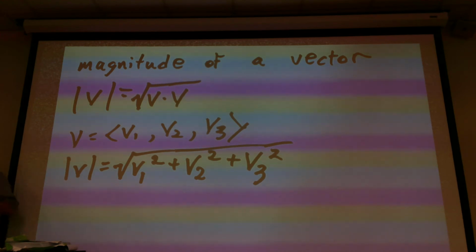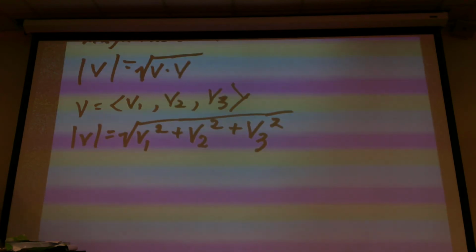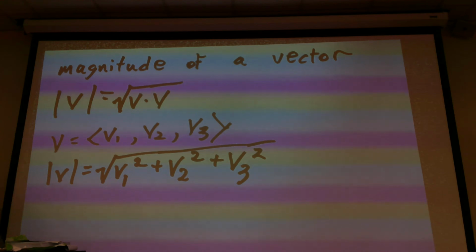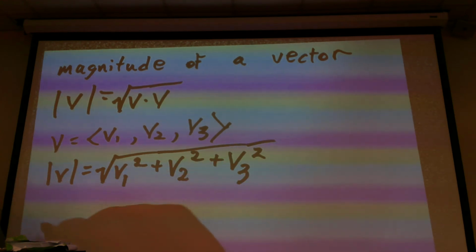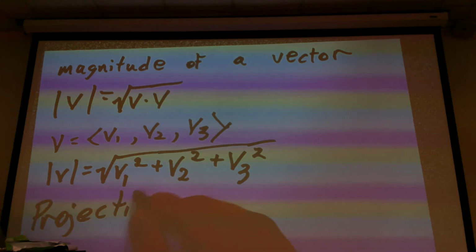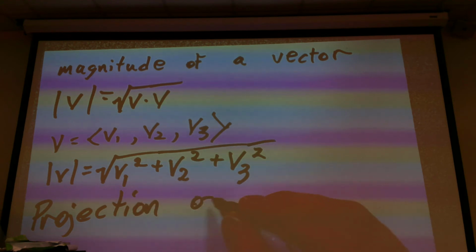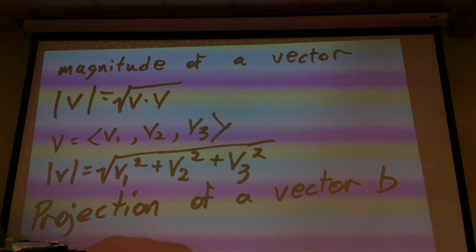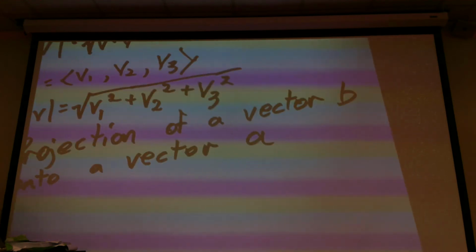All right, we have another nice little property of the dot product. Instead of the magnitude of a vector, why don't we try to project a vector onto another vector? So, let's say we were going to try to project the projection of a vector, let's say B, onto vector A. Okay?